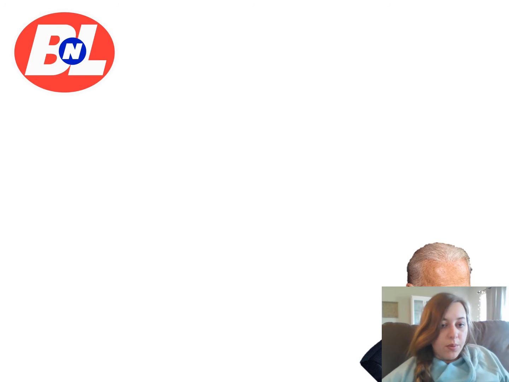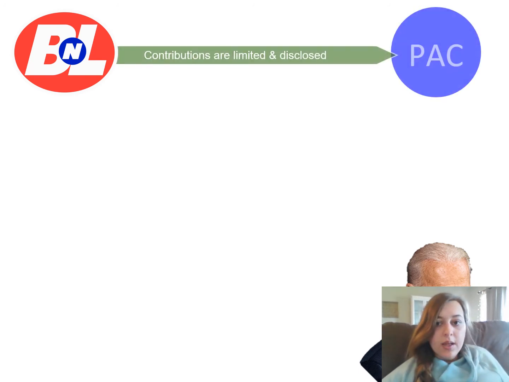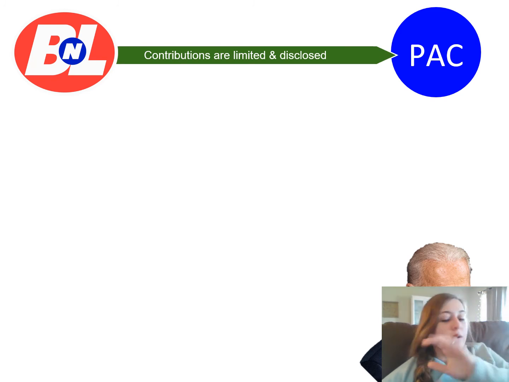So here's the loophole. You have a corporation up in this top left-hand corner. The traditional way of giving money was, you can either give it directly to the candidate or you can give money to the PAC. When you give money to a political action committee, your contributions are limited to $5,000, and they're disclosed. Your name is associated with them.